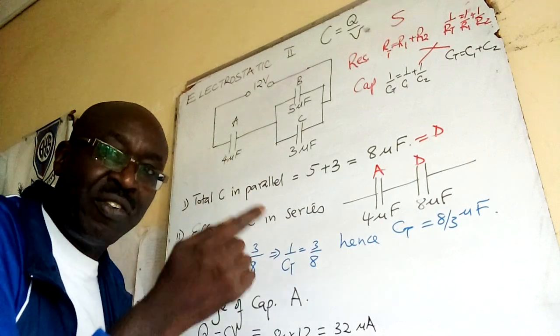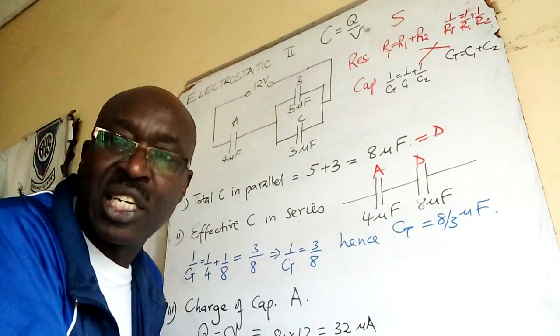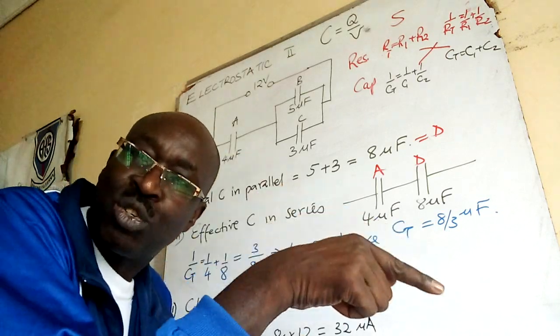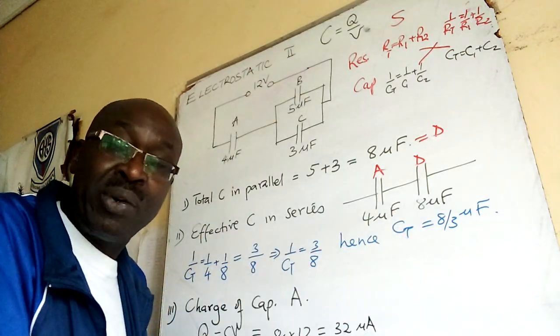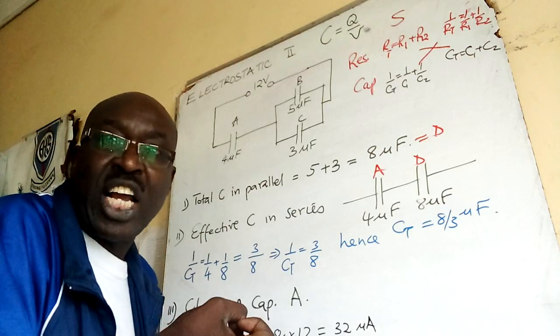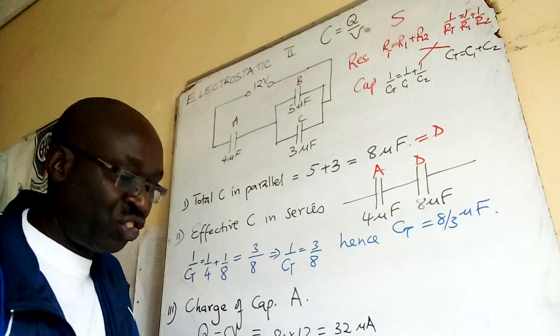In other words, if it was resistors, you will be asked, what is the current flowing in the circuit? What is the current from the source? But here they will give you what is the charge in a component. Just check here.